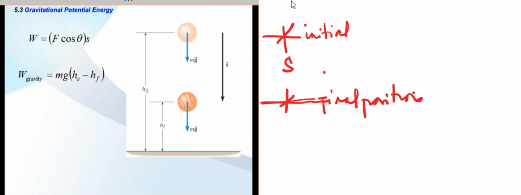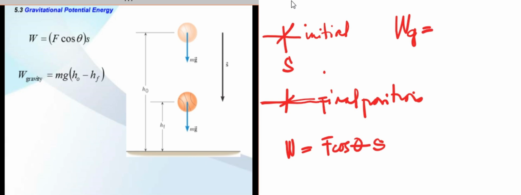So work, according to our equation from our previous discussion, is F cosine theta S. As I've discussed, if the angle theta is 0, then you can already disregard this because cosine theta is just equal to 1. But in this illustration, the work done is caused by gravity.